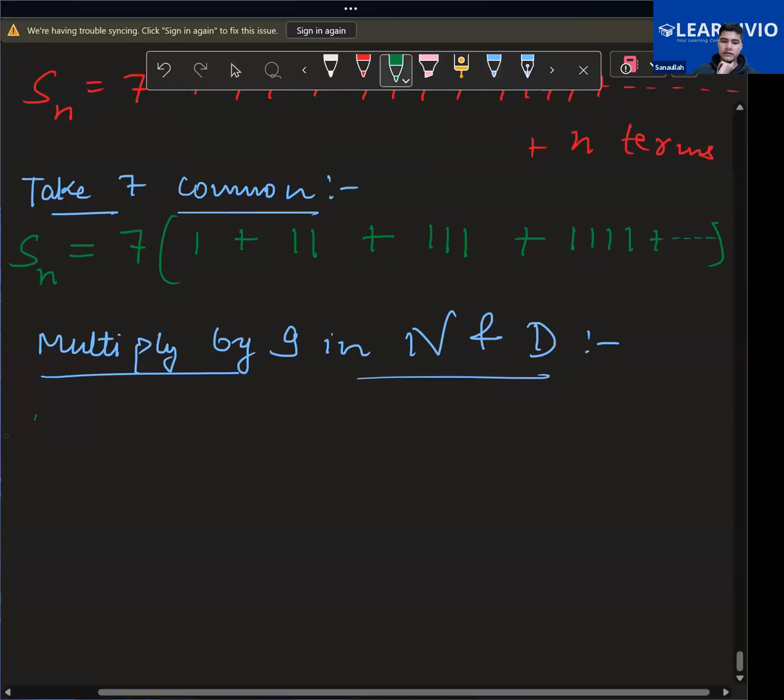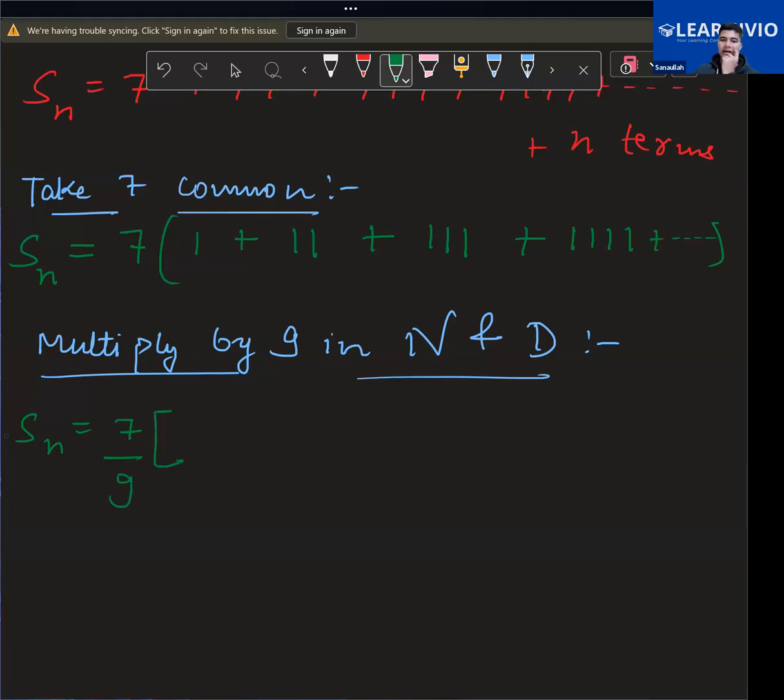So the sum will be 7 times 1 over 9. And tell me what should I write here? If I multiply the numerator with 9, then 9 times 1 is 9.